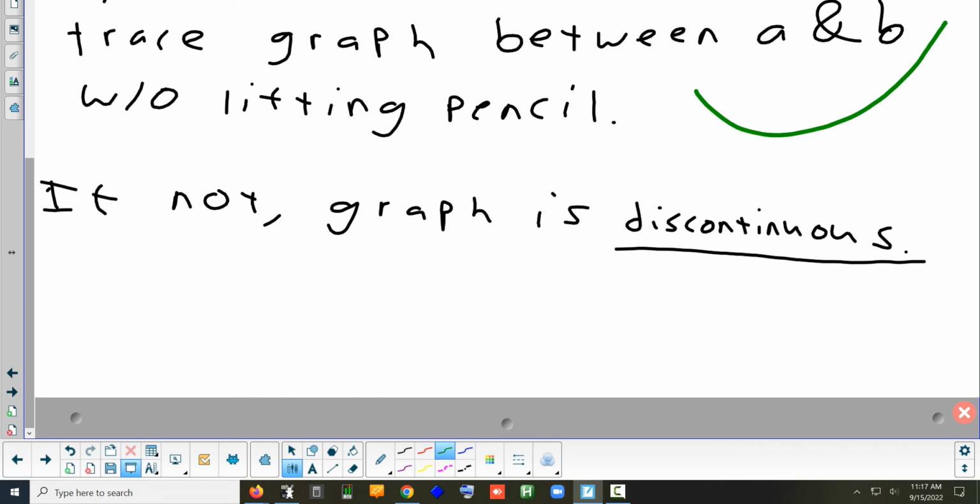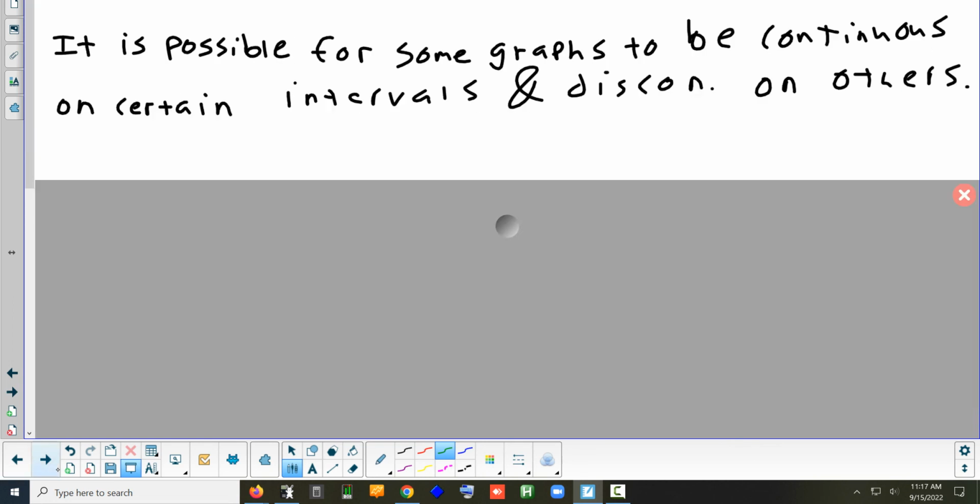So parabolas are always continuous. They cannot be discontinuous. In fact, every single polynomial is continuous. And step functions are always discontinuous. Yes.